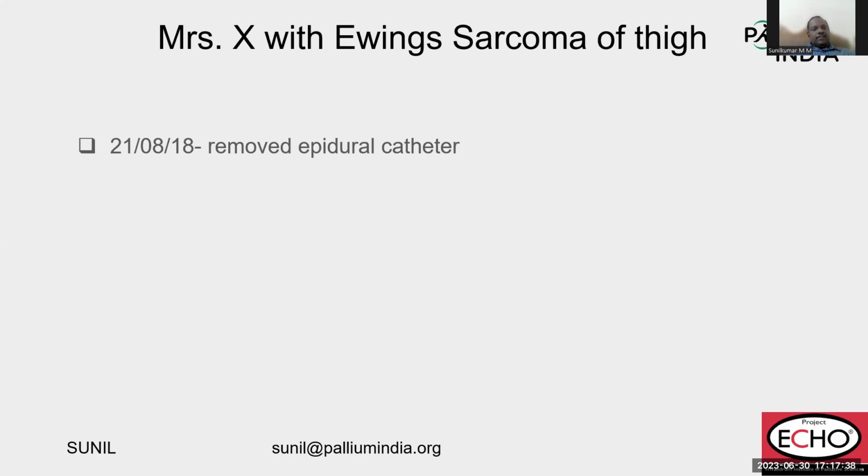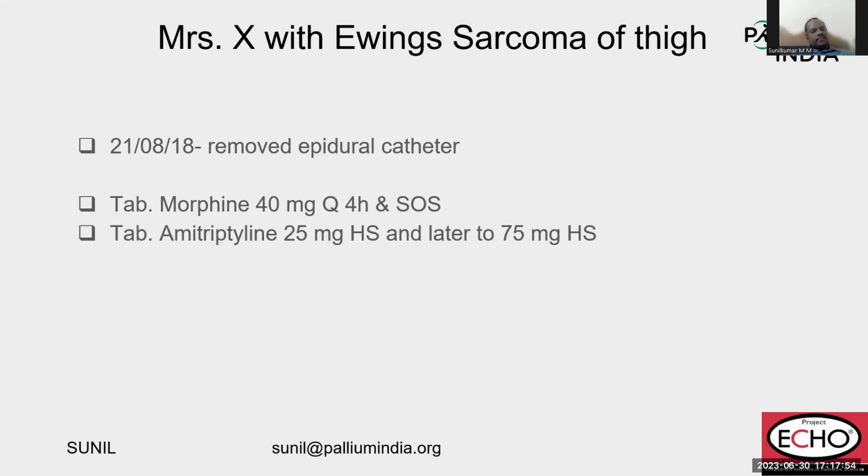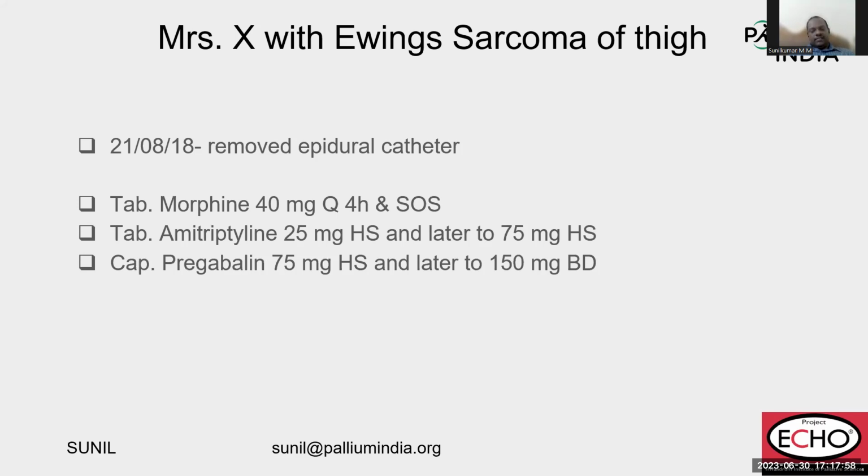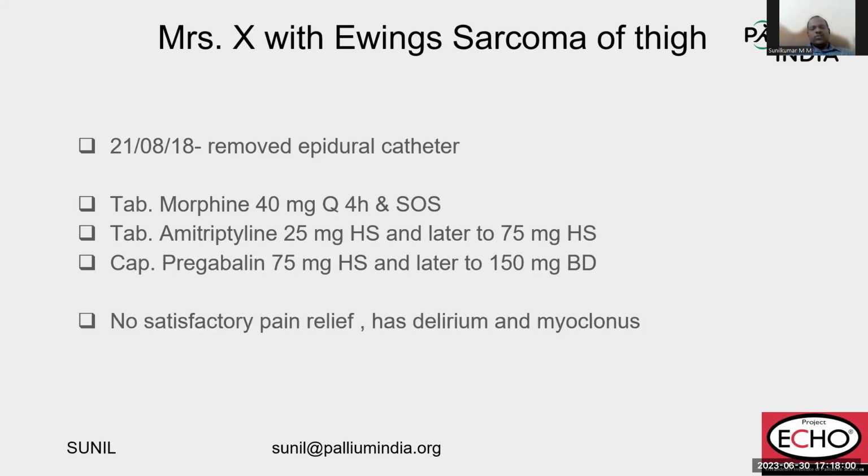But anyway, the epidural catheter was removed after 2 months, and then he started taking morphine. The morphine went up to 40 milligrams 4 hourly and SOS. And he again restarted the heroin, amitriptyline, and pregabalin. There was no satisfactory pain relief, and the patient had delirium and myoclonus.